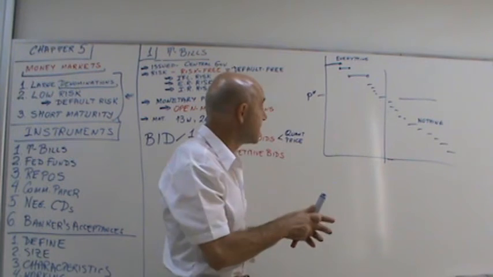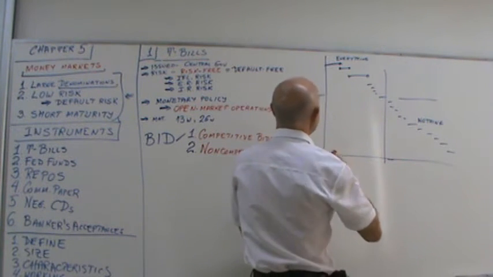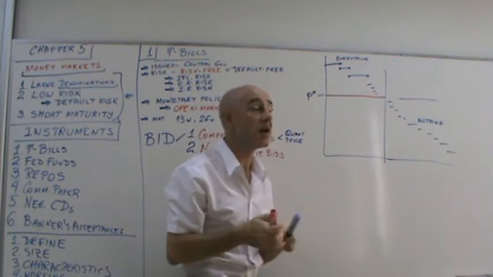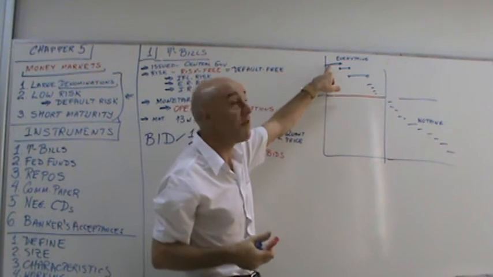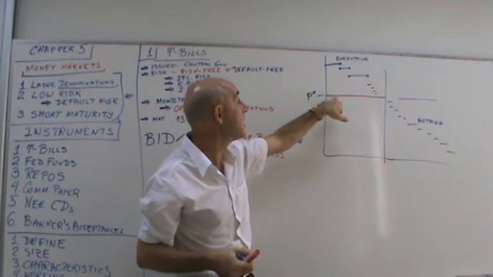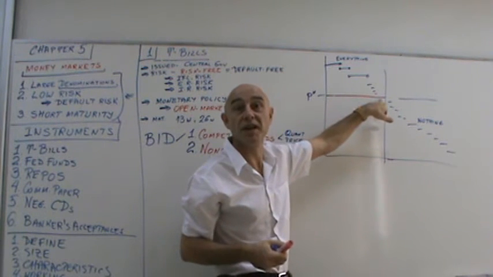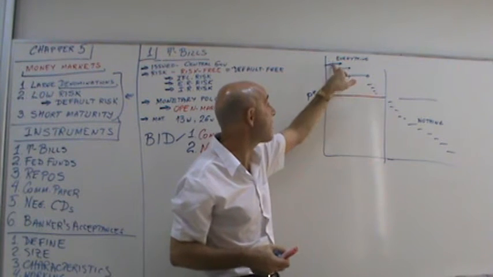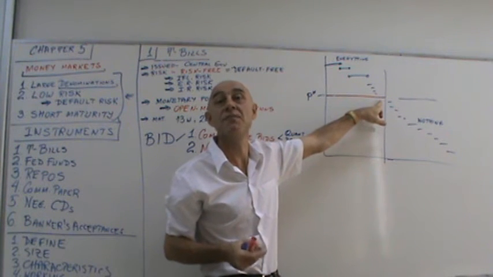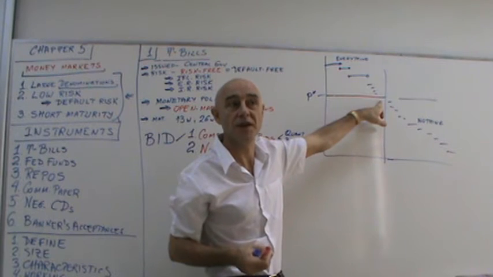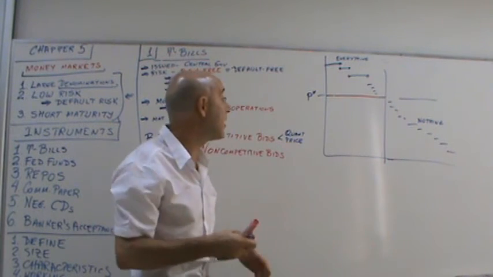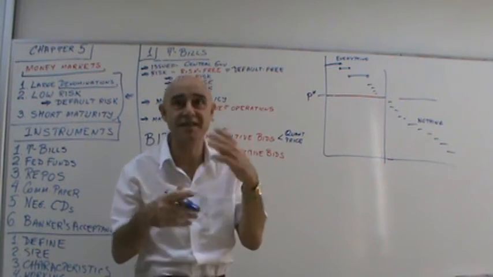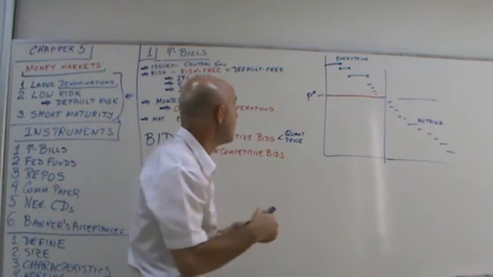Everybody who gets the bid will pay the same price. So you may have offered the high price, but you're going to pay the price like everybody else. Whoever pays the lowest price, everyone will pay the same lowest price. For example, I'm just making up an example for you to understand, nothing to do with the real numbers.